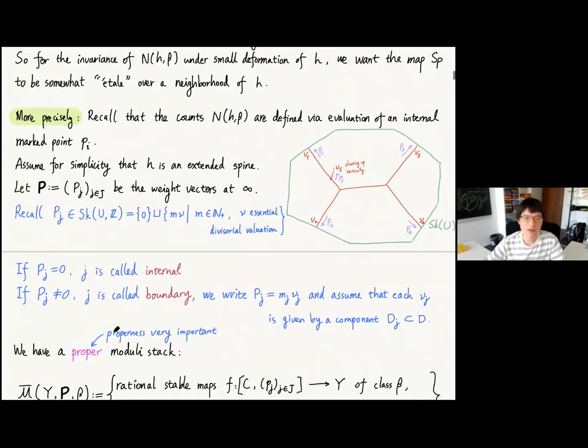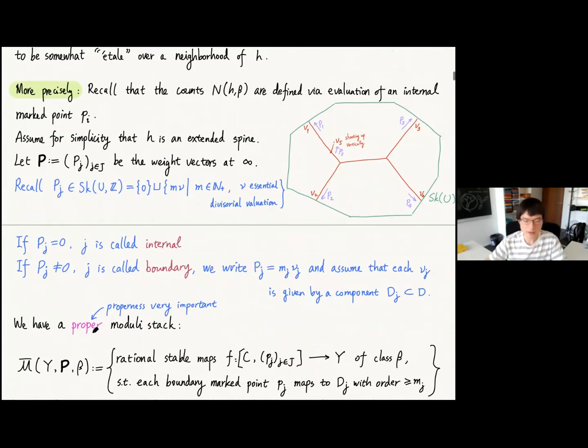Now we have a proper moduli stack. Properness will be important in a moment. We consider the moduli stack M-bar_{Y,P,beta} consisting of rational stable maps f from a nodal rational curve C with marked points P_j to Y of class beta such that each boundary marked point P_j maps to D_j with order greater or equal to m_j.